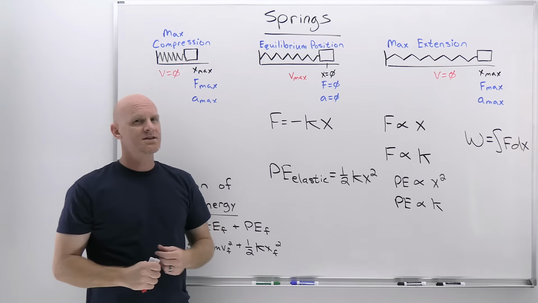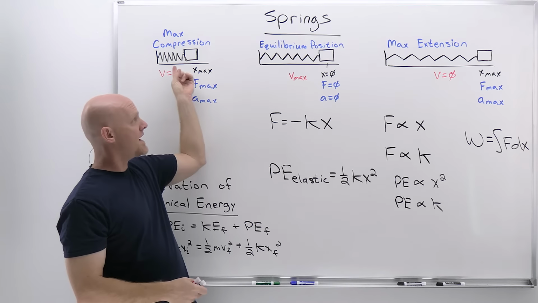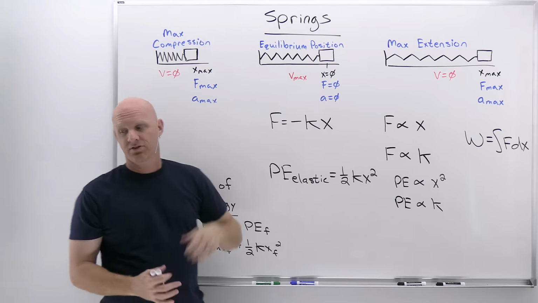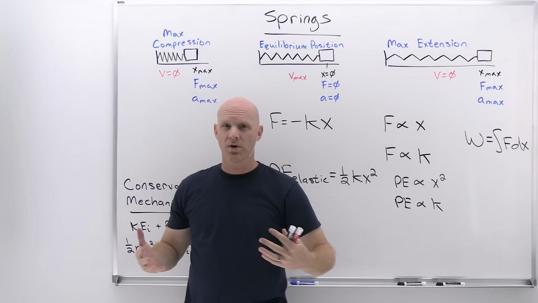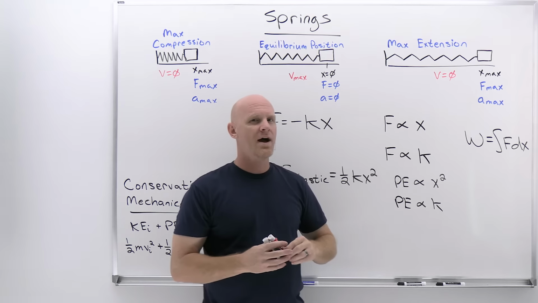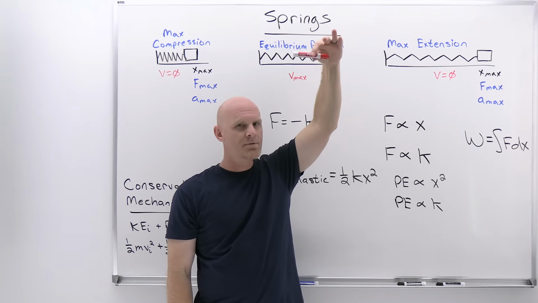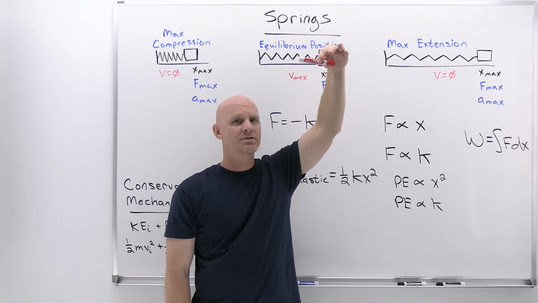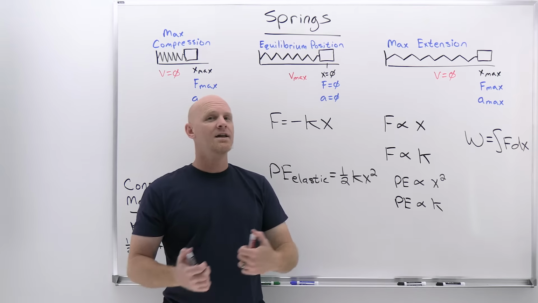These are just some things to keep in mind. Anywhere in this motion, you could be somewhere in between max compression and the equilibrium position, and the kinetic and potential would still add up to the same total. Just like we saw with gravity, it was convenient. If we were dropping something, at the top, when we drop it from rest, it has no kinetic and all potential. And right before it hits the ground, it has all kinetic and no potential.